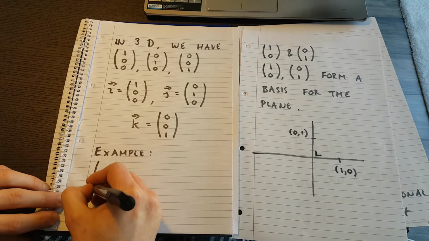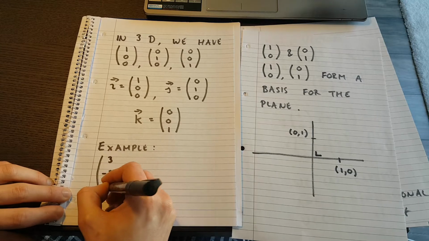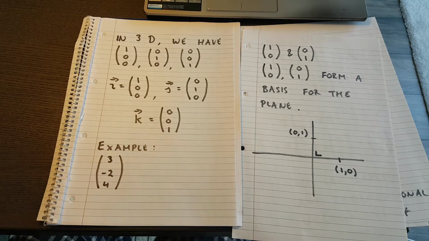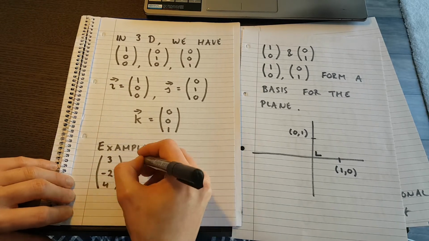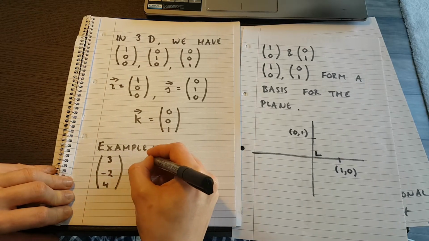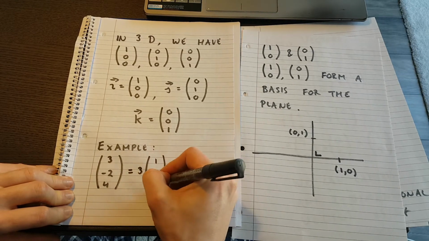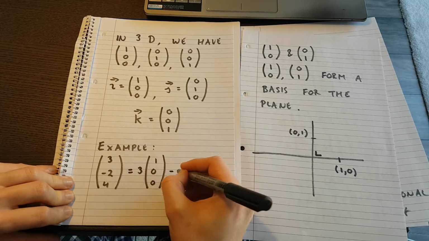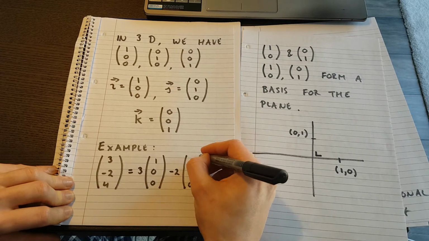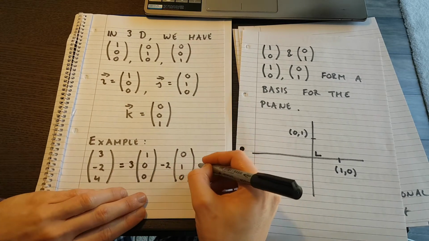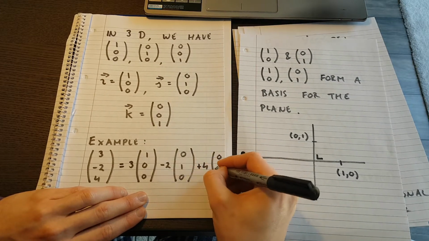Say we have 3, minus 2, and 4. Well, that takes up 3 lines. It's quite a big thing. I can express this instead as 3 times 1, 0, 0, plus minus 2 times 0, 1, 0, and then plus 4 times 0, 0, 1.